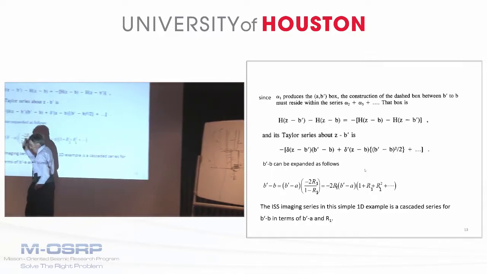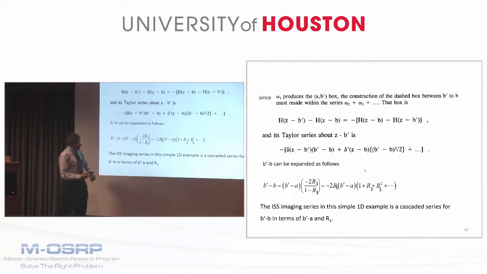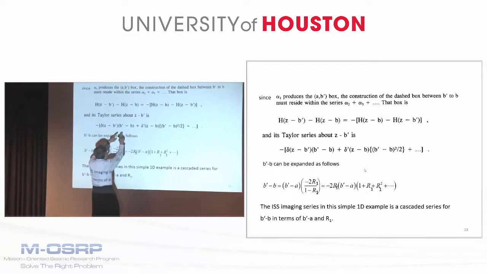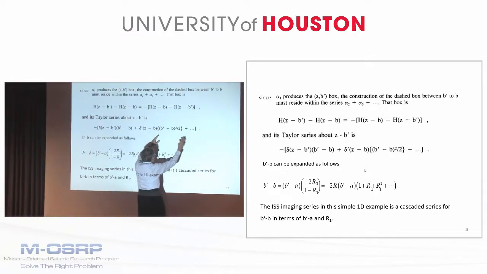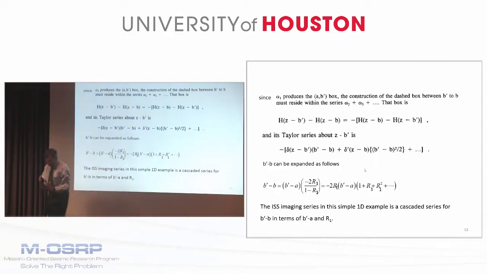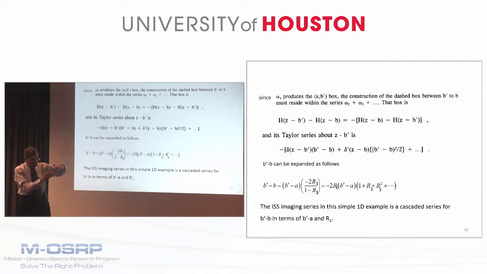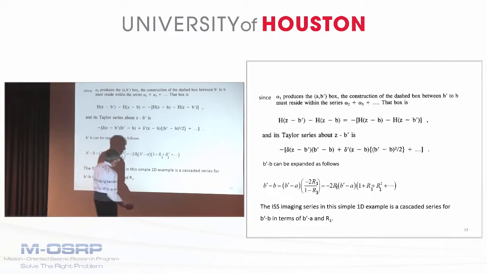So what you see here is that the imaging series is cascaded. What does that mean? You got a b prime minus b, b prime minus b squared, and so on. Do we see that? A shift between a series, yes? And then each b prime minus b is a series. So it's a series within a series, yes? You follow? Each b prime minus b is in turn a series in the data.